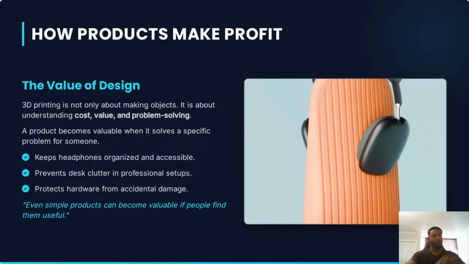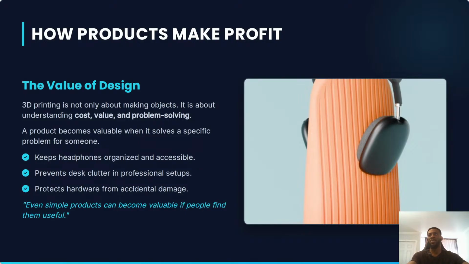Okay, so how products make profit. So today, when we talk about 3D printing, it's not only about making cool objects, but most people think that 3D printing is just simply making a cool object, but businesses don't survive on making cool objects.